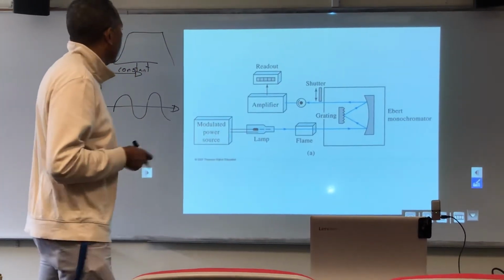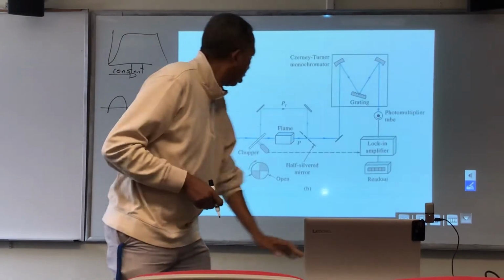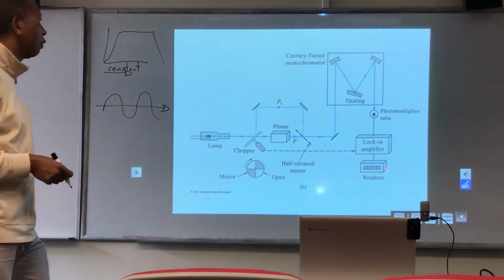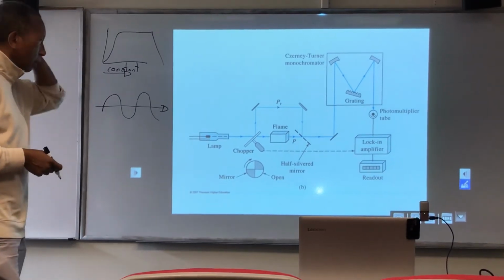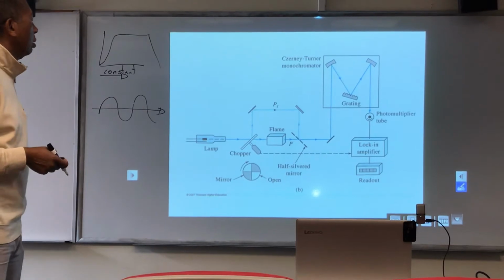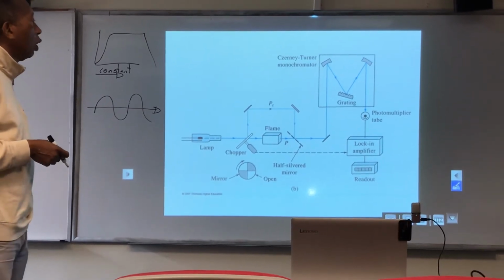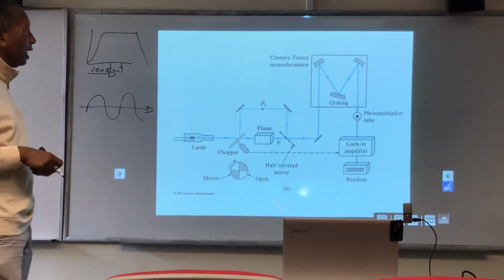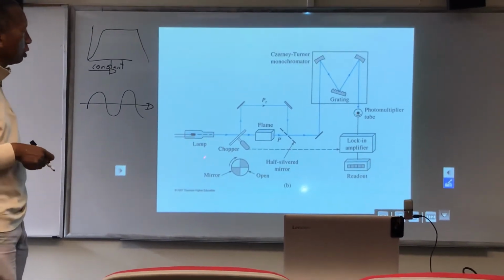All right, that's just what we had before, and that's just a bigger version in case you didn't see it before, right? So if a question says to draw a common instrument for atomic spectroscopy, you draw something like this, right? So you must have a source.